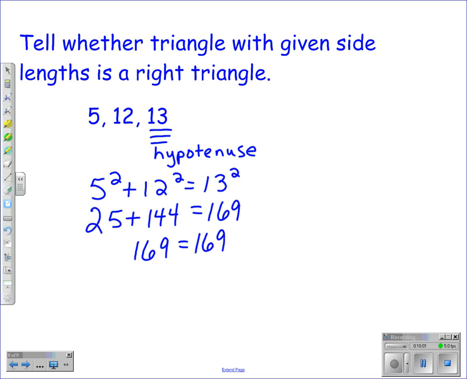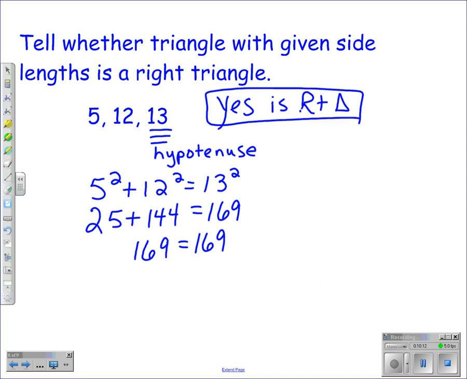And that makes a true statement. So we can say, yes, this is a right triangle. Yes, these dimensions give us a right triangle. So if you get a true statement, it is a right triangle. A false statement, like our other one, is not.